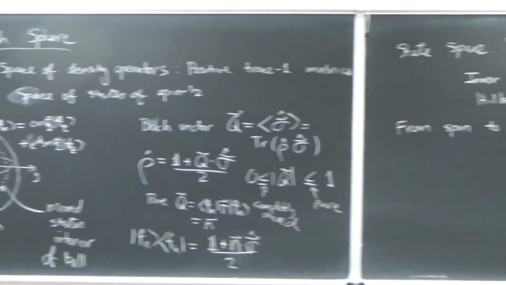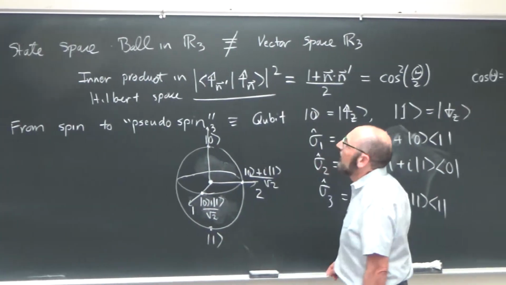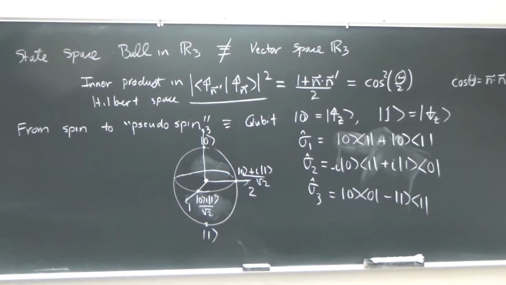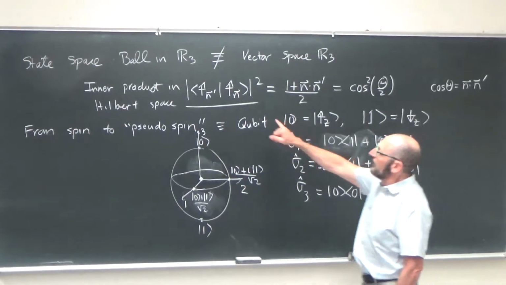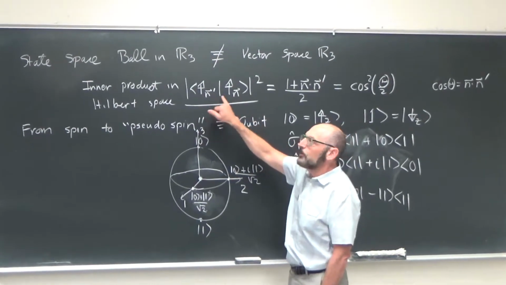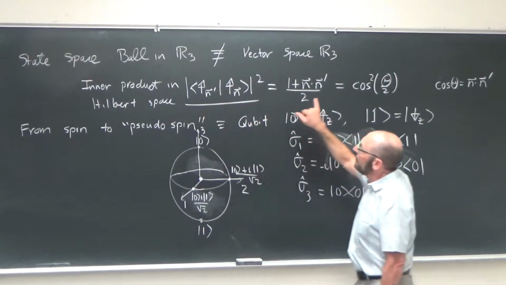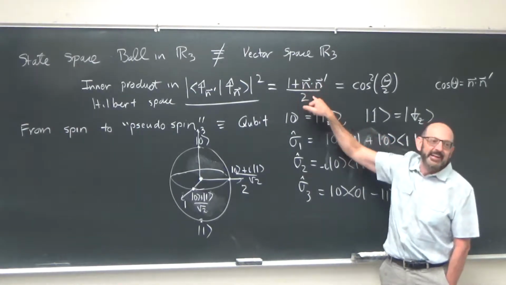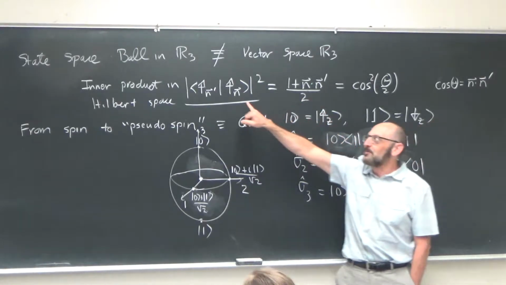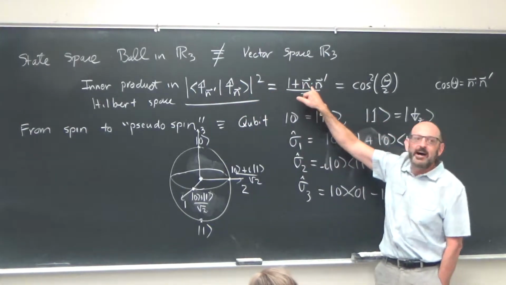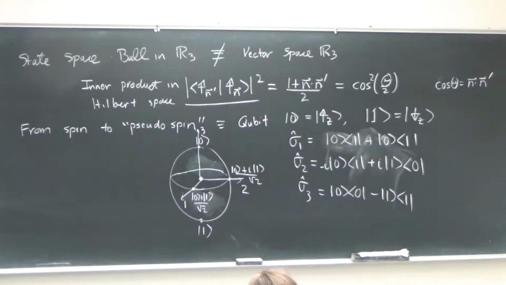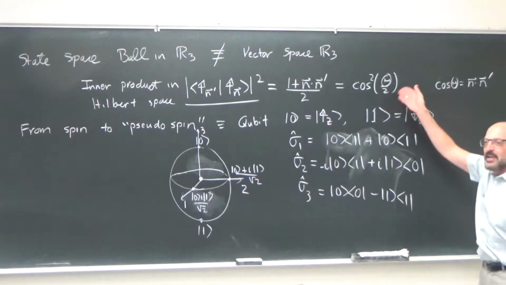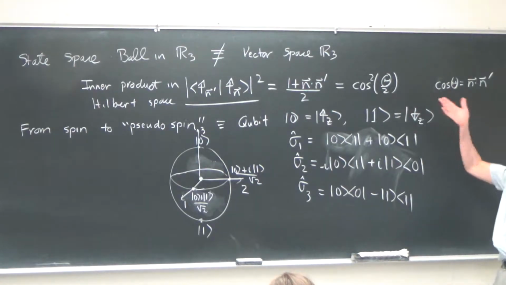If I wanted to say what is the inner product between two states in Hilbert space associated with spin along two directions, n and n prime, and as we showed last time, that's related to the dot product in this way. Right, so we have the inner product in Hilbert space, and we have the dot product between the directions in physical space. And so importantly, there's this doubling of the angle, or halving of the angle depending how you look at it.